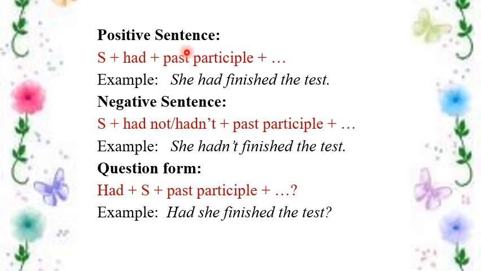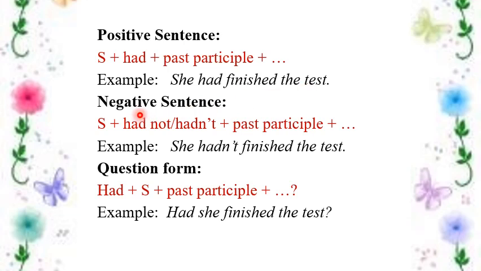Positive or affirmative sentence: the structure is subject plus had, helping verb, plus past participle form, third form of the verb. And the example is here. She had finished the test. Now in this sentence, she is the subject, had is the helping verb, finished is the past participle form, and the test is the object.